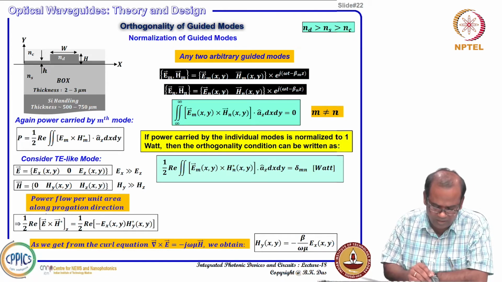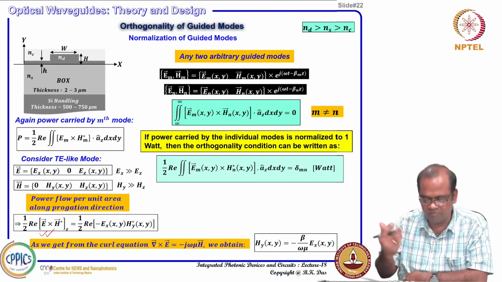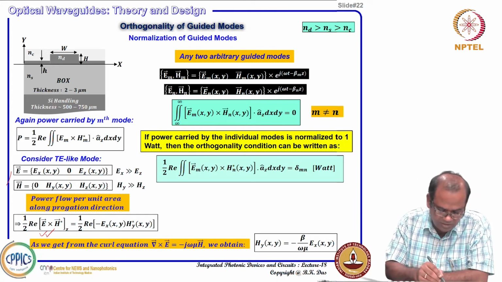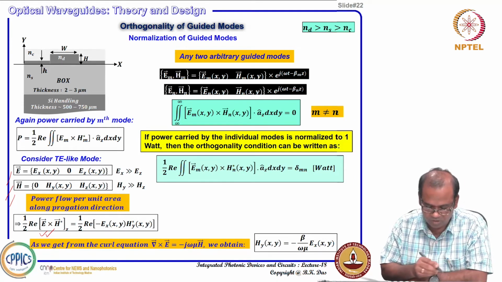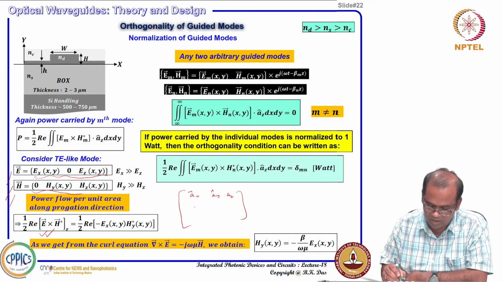Power flow per unit area along the propagation direction we can represent like this. We are writing again E cross H star, for any given mode we are considering. Considering these components associated with a mode, you take E cross H: unit vectors ax, ay, az, then you have Ex, 0, Ez, and here you will have 0, Hy star, Hz star.